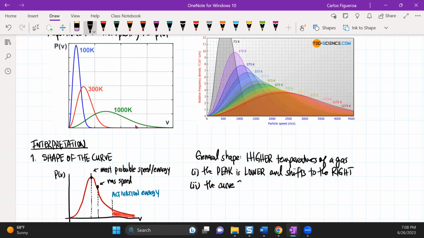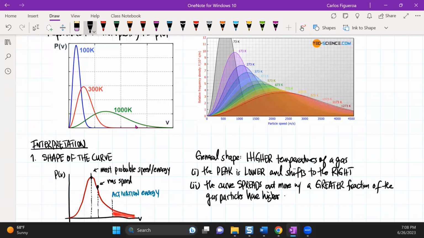The curve, I guess, spreads out more, with a greater fraction of the gas particles having higher speeds than VRMS.